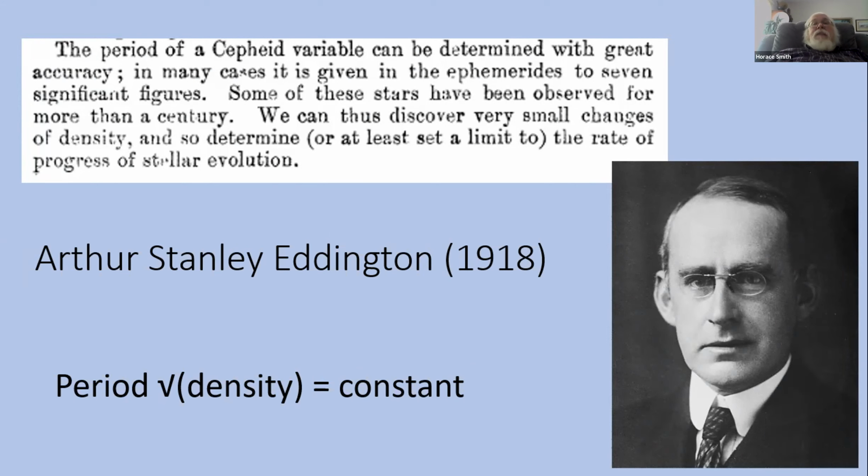In many cases, it is given in the ephemerides to 7 significant figures. And some of these stars have been observed for more than a century. We can thus discover very small changes of density and so determine, or at least set a limit to, the rate of the progress of the evolution of those stars. And that's still the goal today.